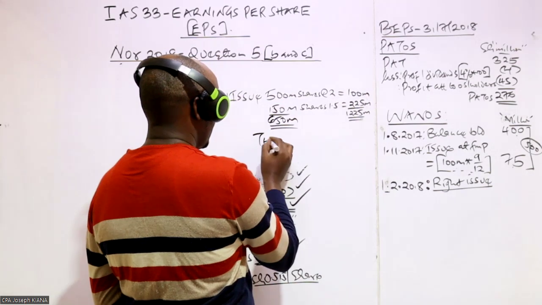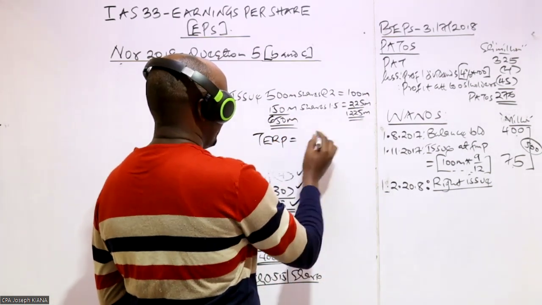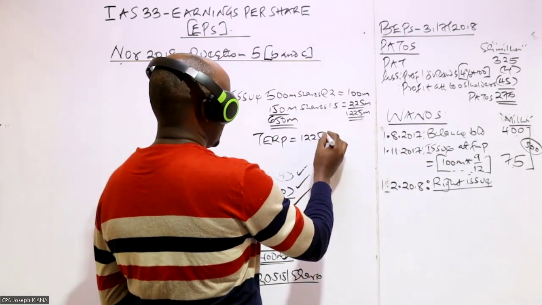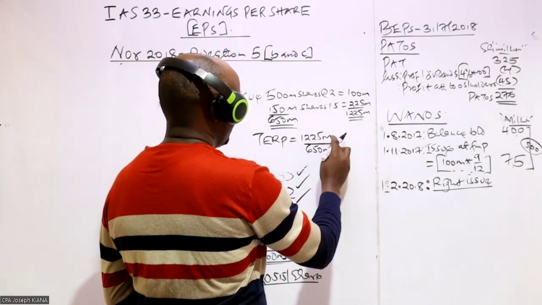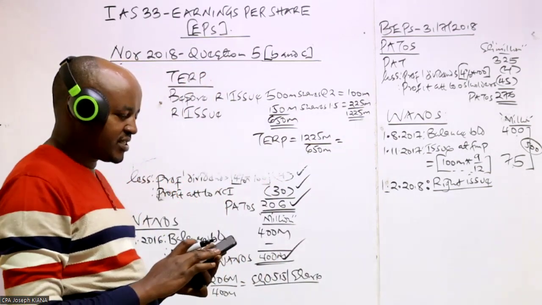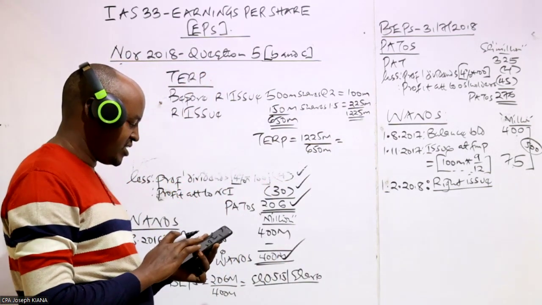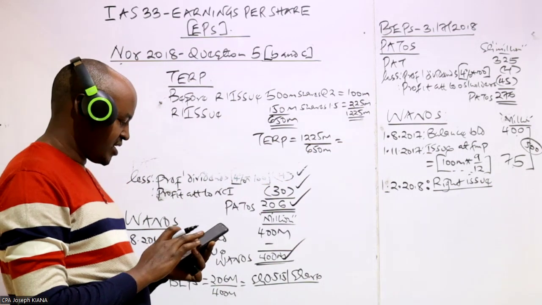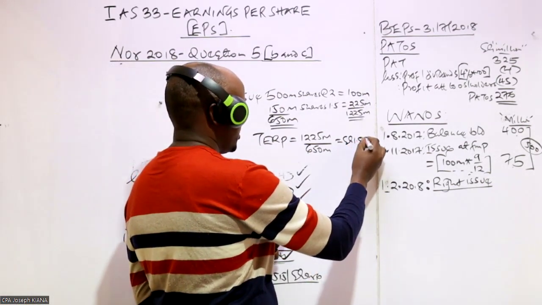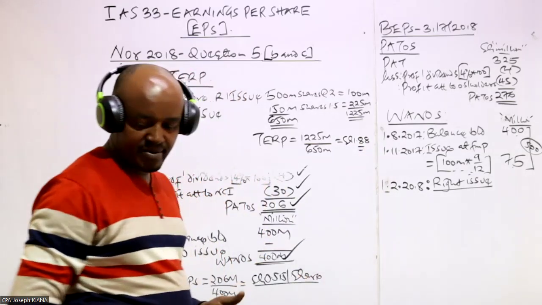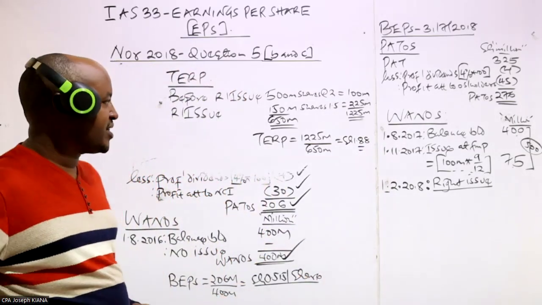So to get the theoretical X-right price, we take whatever we have here, because this is the total market price of all these shares, and then we divide that by 650, because in our case we're interested in the market price per share after the right issue. So this will give us shillings 1.88. So this is the market price per share after the right issue.